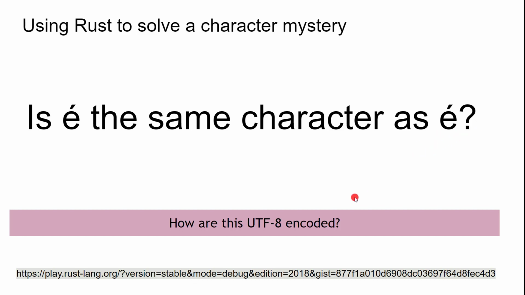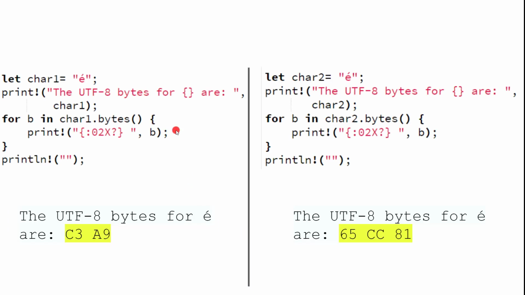First, we will look to see how these are UTF-8 encoded to see if they would be stored as the same value. So we see here that we've got on the left the first E with an accent, and we're using the bytes method to print out what the UTF-8 bytes for the character are. Notice we are not using a primitive character data type.